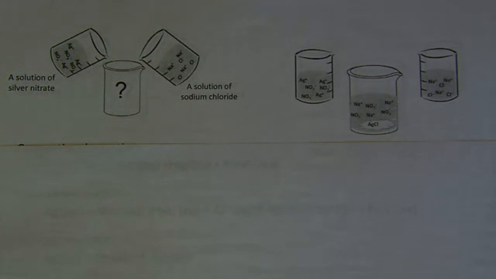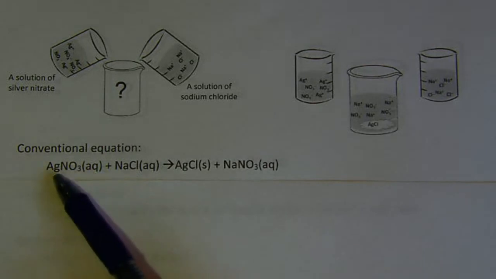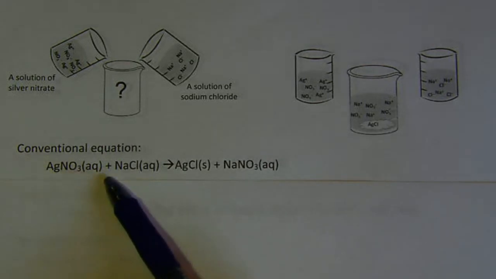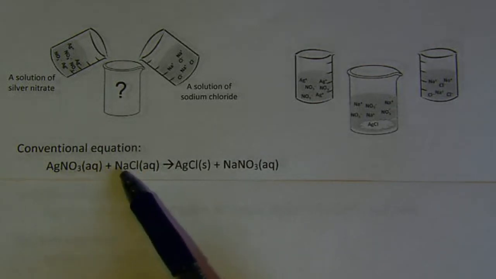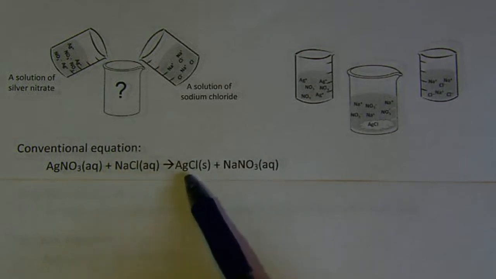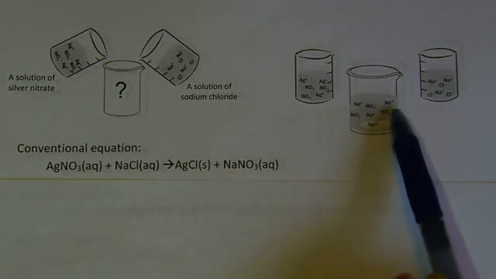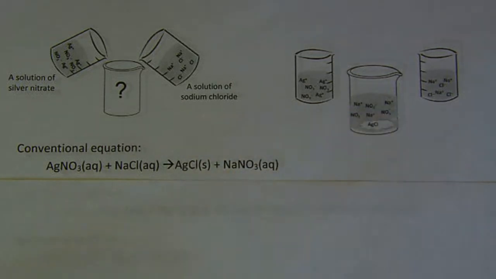If we were to write a balanced chemical equation to represent what we did, we would probably write something that looks like this. A solution of silver nitrate is mixed with a solution of sodium chloride to produce solid silver chloride and a solution of sodium nitrate.